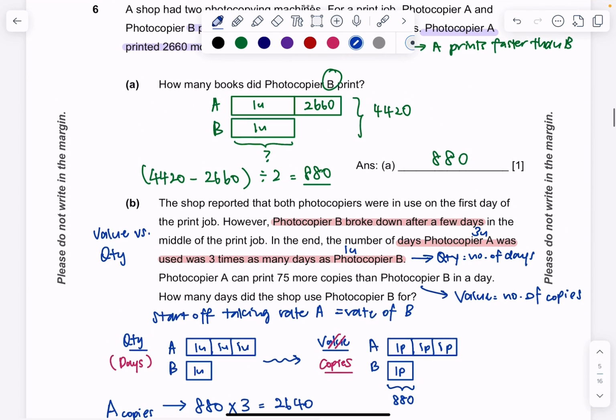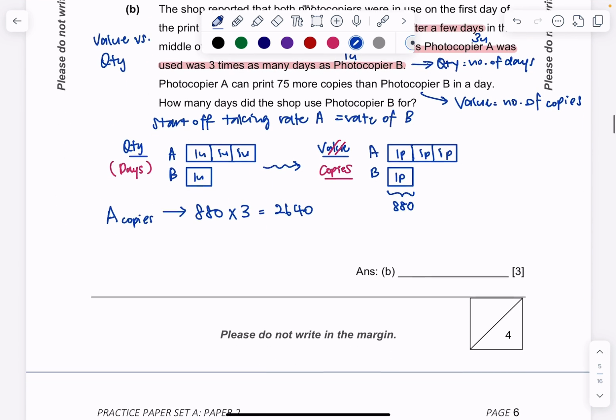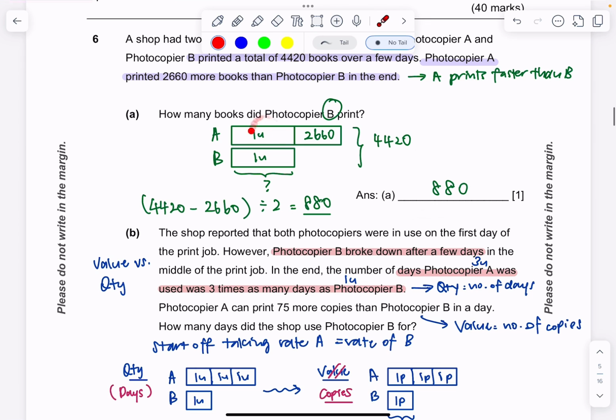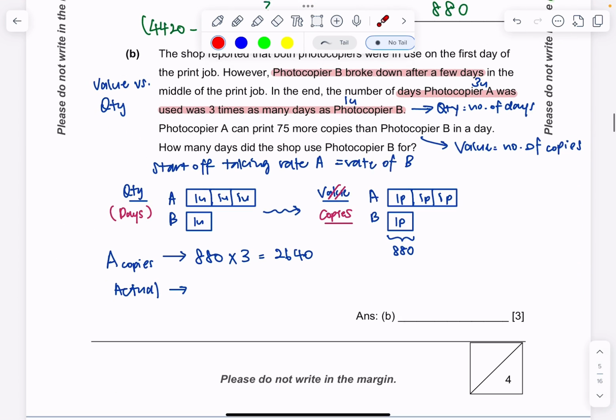However, in part A, you can see that the actual, which is part A's answer, is 880 plus 2,660.